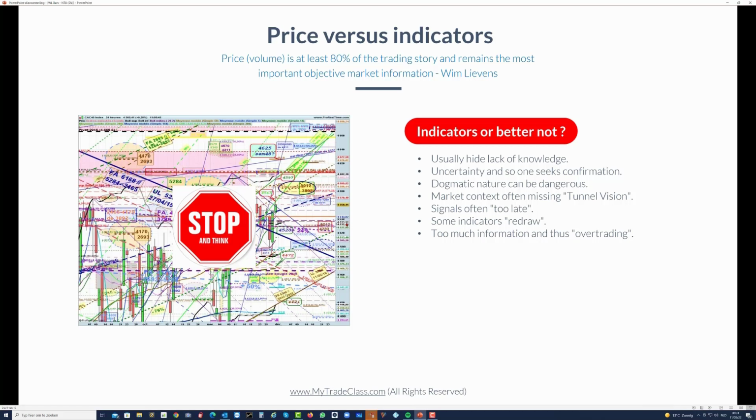There's just too much stuff on there. I do this during my seminars all the time. I say, hey, give me one point on the chart, and I will find you an indicator which fits that point. That is not what we should do.